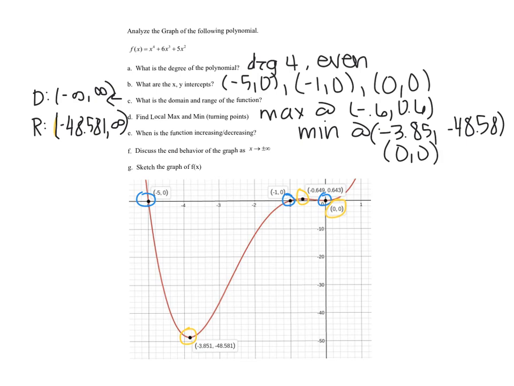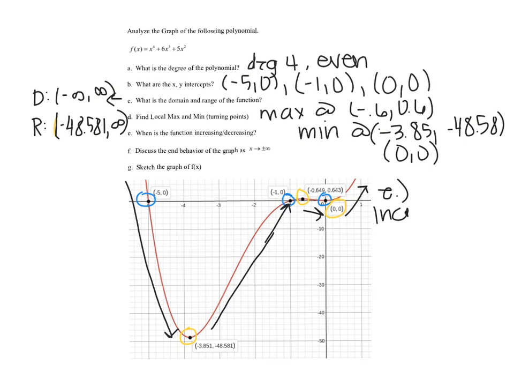Next, we want to know when the function is increasing or decreasing. That also goes along with turning points. So if we draw our arrows, we start decreasing, then we increase, then we decrease, and then we increase again. So off to the side here, I'm going to write our intervals. So increasing.